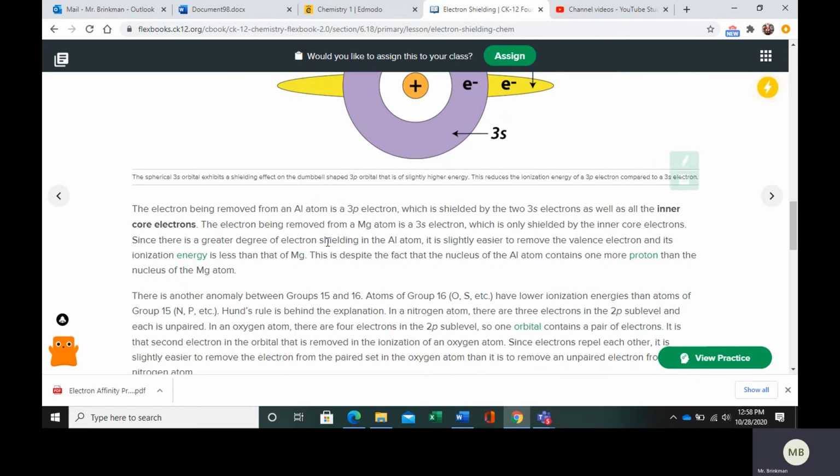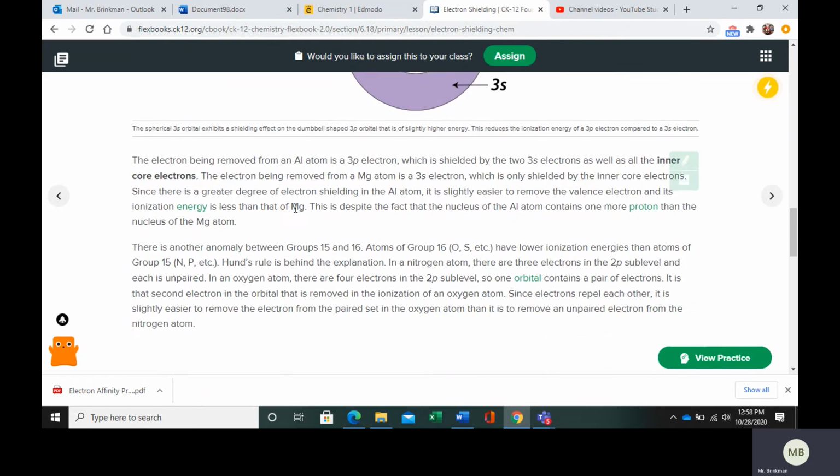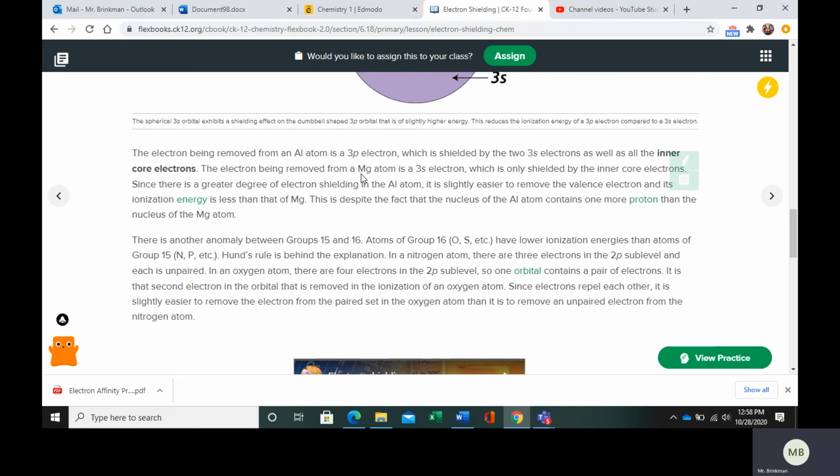So aluminum should have a higher ionization energy than magnesium, but in magnesium, it is a 3s electron, which is only going to be shielded by the inner core electrons. Aluminum is a 3p electron. It is shielded by the 2 3s electrons and the inner core electrons. So there's more electron shielding.